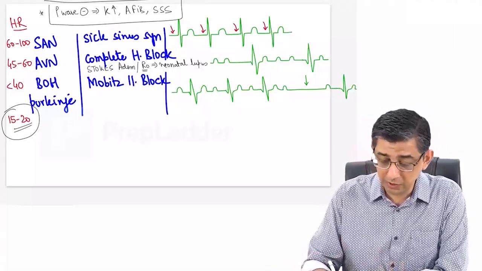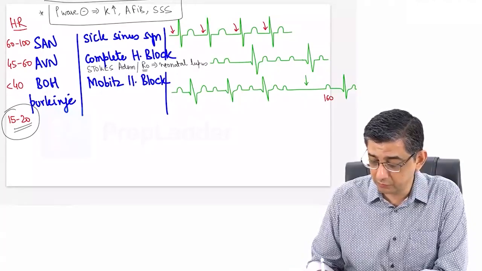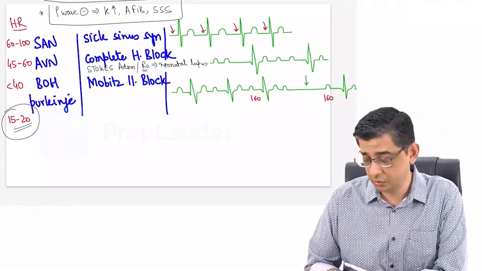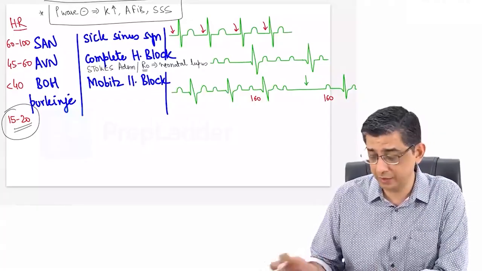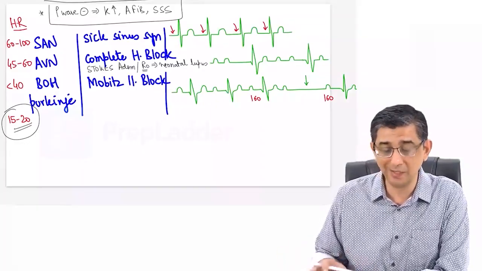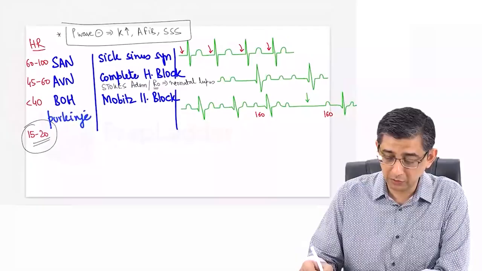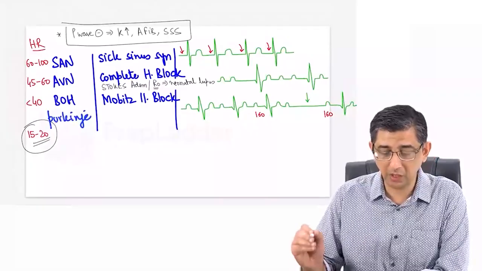In this particular representation, I've also tried to highlight that the PR interval after and the PR interval before will always be equal. So wherever you notice the missed beat, as I explained, just calculate the PR interval before and after, and you would be able to understand the concept relatively better. For just completion of this topic, I am going to mention the heart rates here.